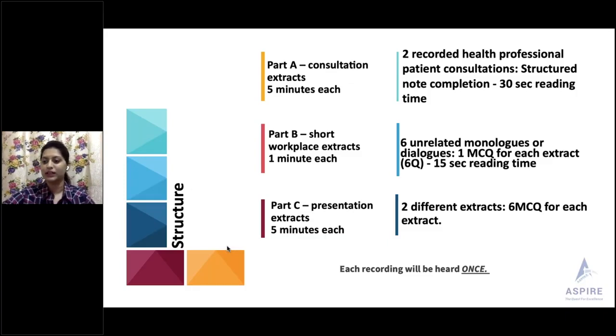So let's look at part A. In part A, you will listen to 2 recorded healthcare professional patient consultations. The type of task that follows this is called structured note completion. So basically, you'll have to fill in the answer with a word or a short phrase. And you will have 30 seconds of reading time before the audio clip starts.